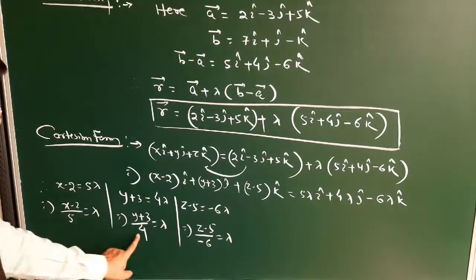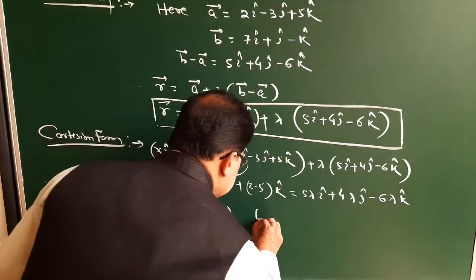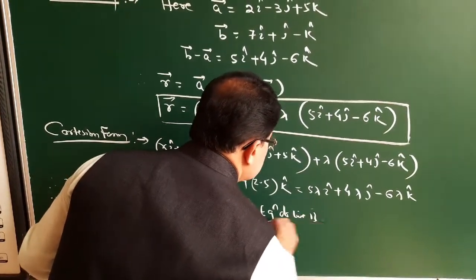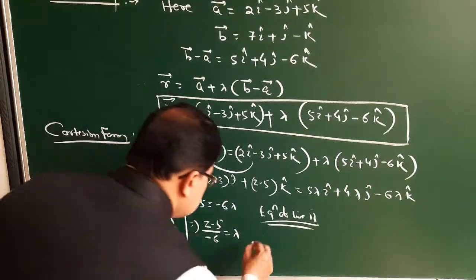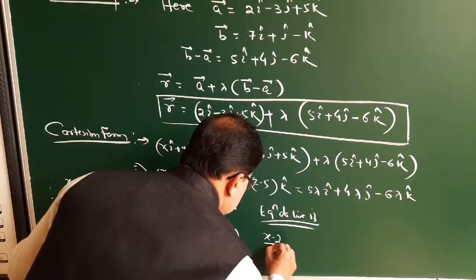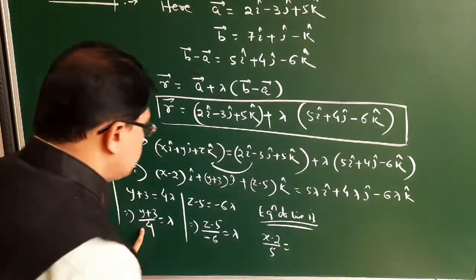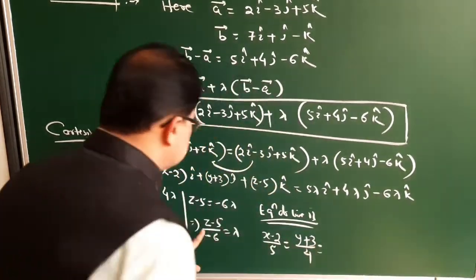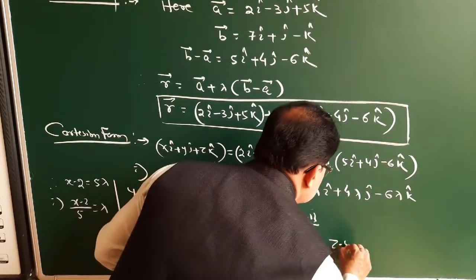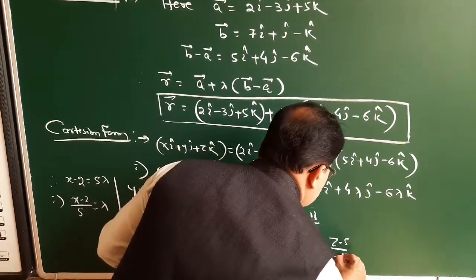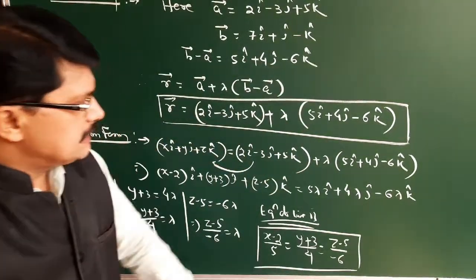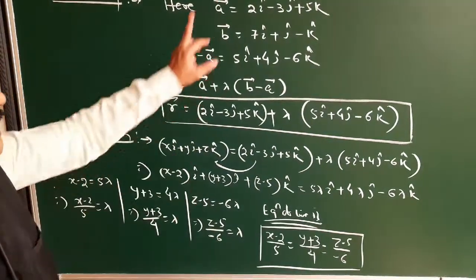So the equation of the line is (x minus 2) divided by 5, equal to (y plus 3) divided by 4, equal to (z minus 5) divided by minus 6. This is the Cartesian equation of the line passing through these two points.